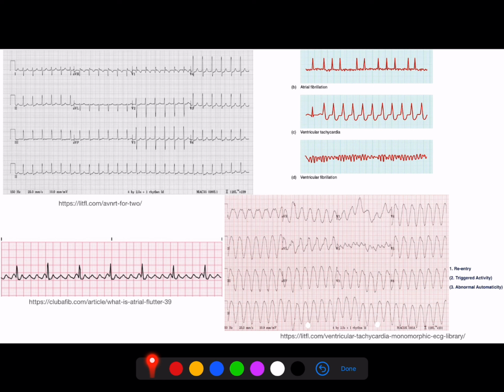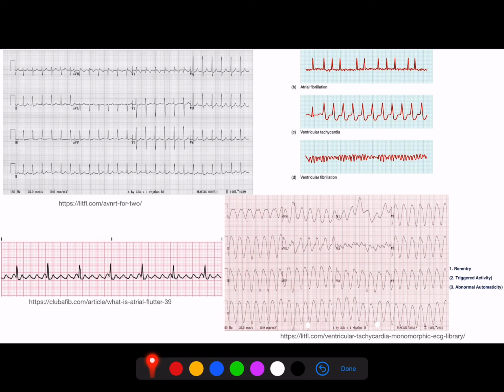And this is one of the most dangerous rhythms that you can encounter, because at that point the ventricles are so insufficient that basically no blood is pumping.